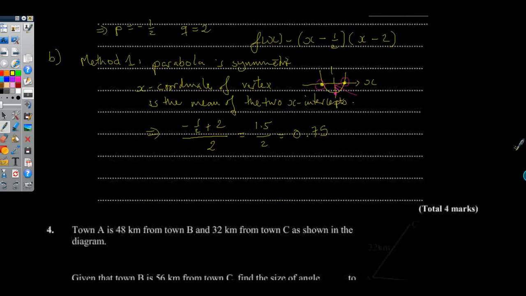Going to briefly discuss what else you could have done. Let's write this method 2. You could do it more algebraically. We could take the expression (x plus a half) times (x minus 2), and we could write it in completed square form, then read off the vertex and get back to this.